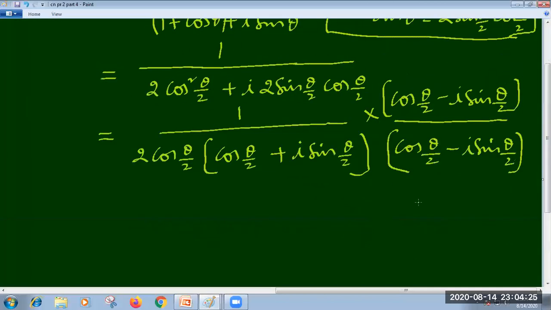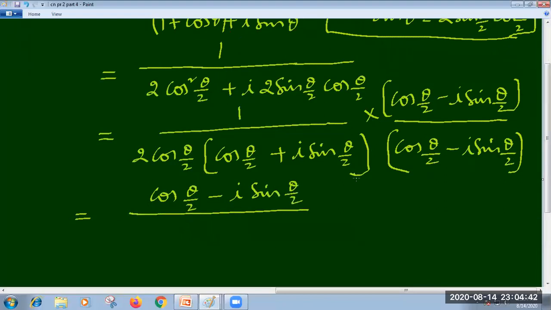So now rationalizing this one, 1 into numerator will be cos theta by 2 minus I sin theta by 2.